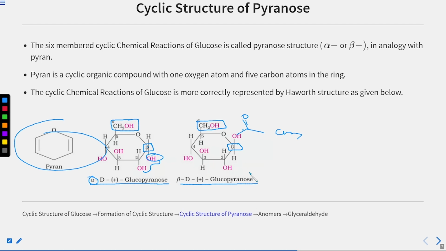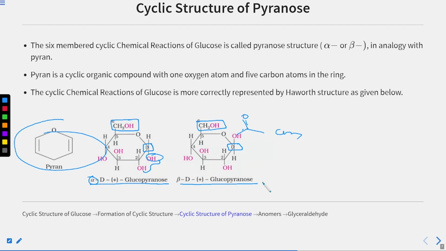So in the exam, if you are given a couple of structures and asked which are reducing and which are non-reducing, you will simply look at the first carbon, the one next to the oxygen, and see whether a free OH group is present there or not. If it is present, it will give the reducing test, and if it is not, it will not reduce Fehling's, Tollens' or Benedict's solution.